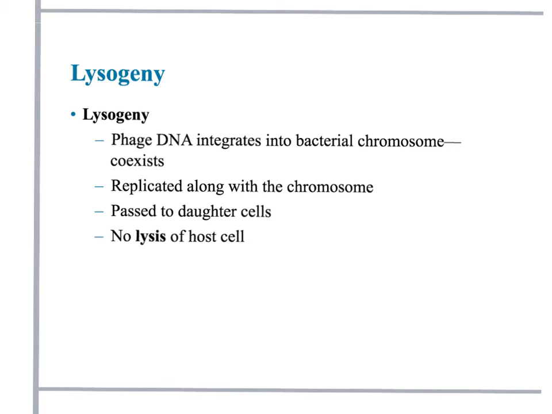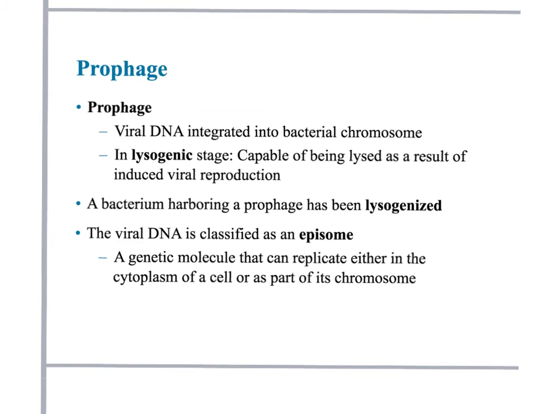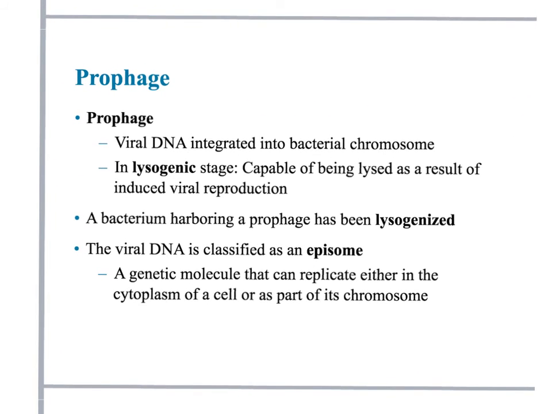So with lysogeny, the phage DNA just gets replicated along with the chromosome and passed on to the daughter cells, but it never gets broken up. And then you have prophage, which is viral DNA integrated into a bacterial chromosome. When it's in the lysogenic stage, it's capable of being lysed as a result of induced viral reproduction.